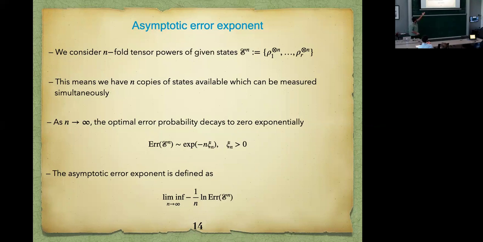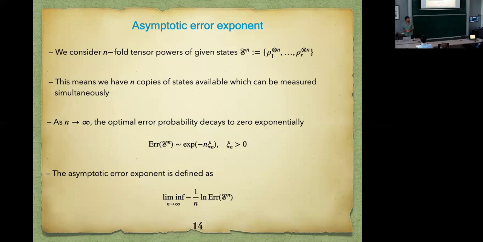So we define the asymptotic error exponent as the limit of -1/n times the natural log of the error. That is the quantity we are after, both in the quantum case and in the classical case.